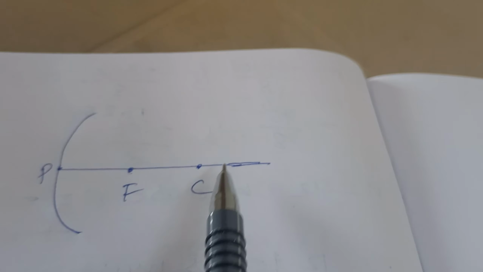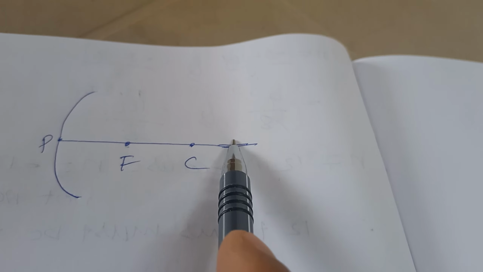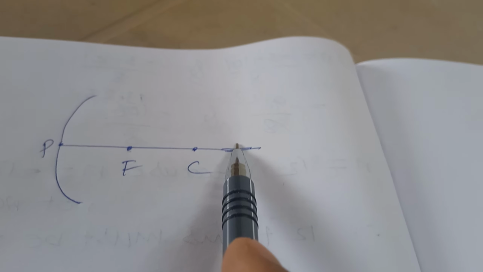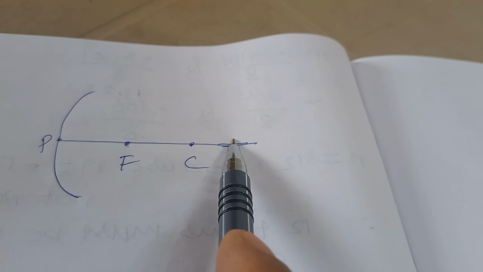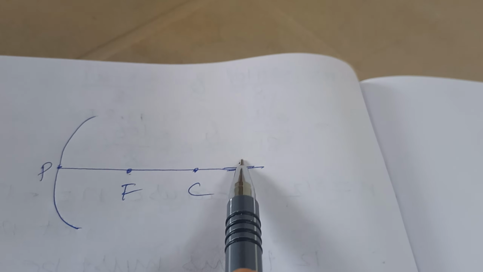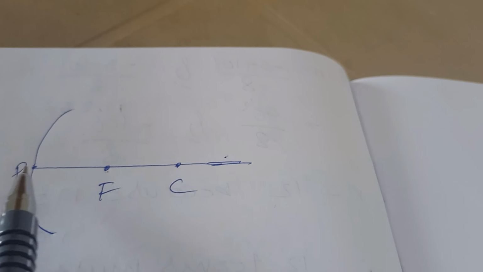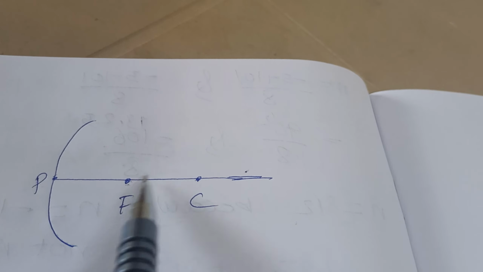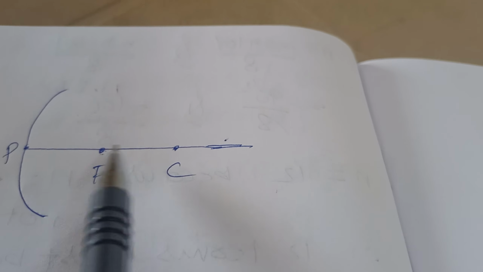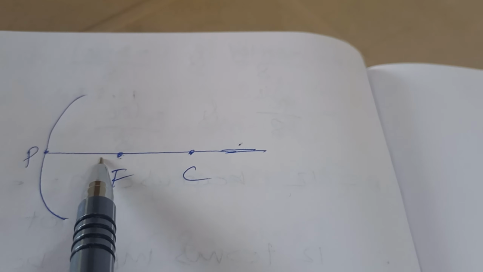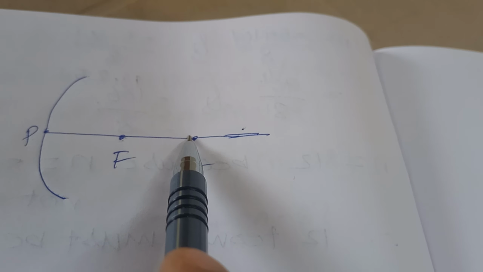Next, if the object is beyond the center of curvature, we get the image between the focus and the center of curvature.